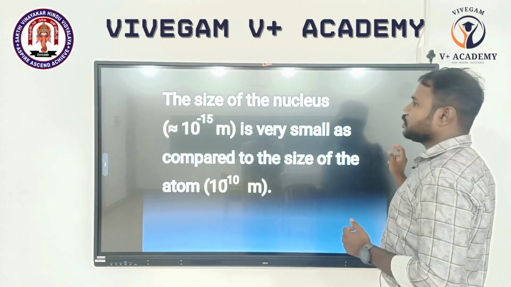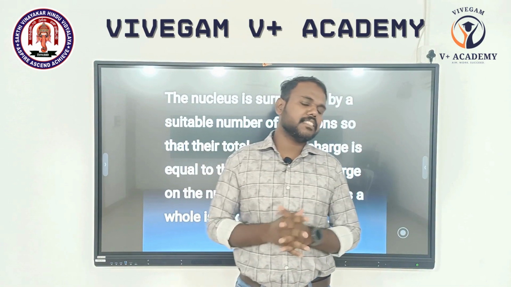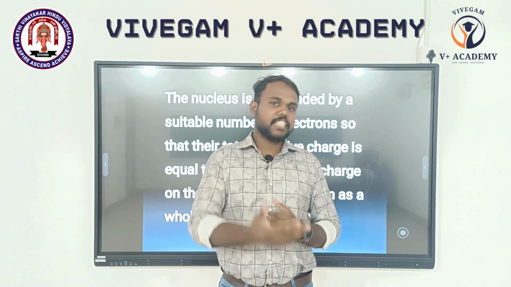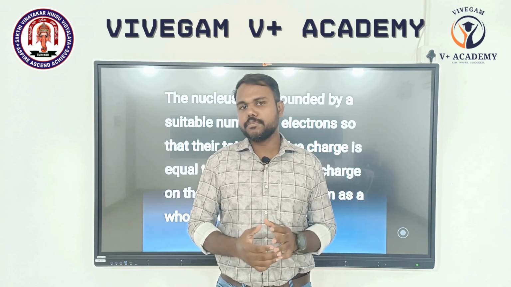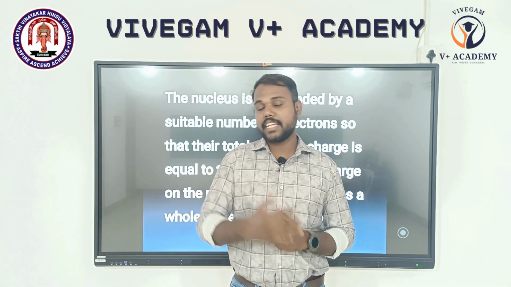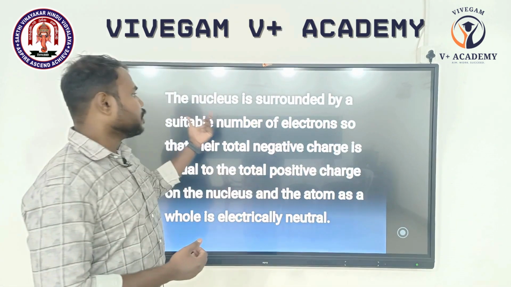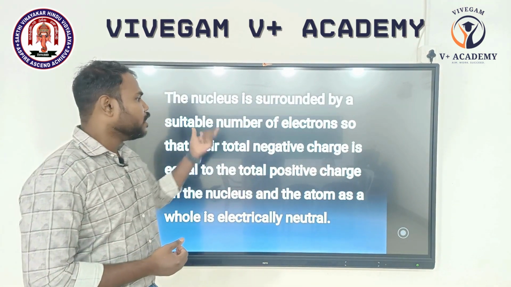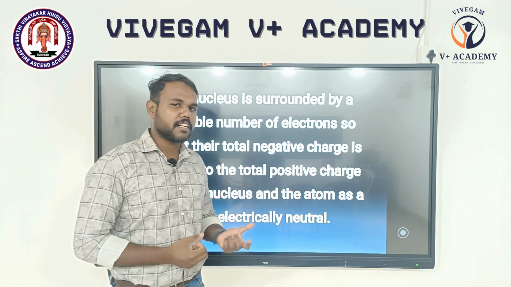Now the third point: the nucleus is surrounded by electrons, equal to the number of protons, in order to make the atom electrically neutral, so that there will be no excess charges. This is the third most important point. The nucleus is surrounded by a suitable number of electrons. What does the term suitable number of electrons mean?